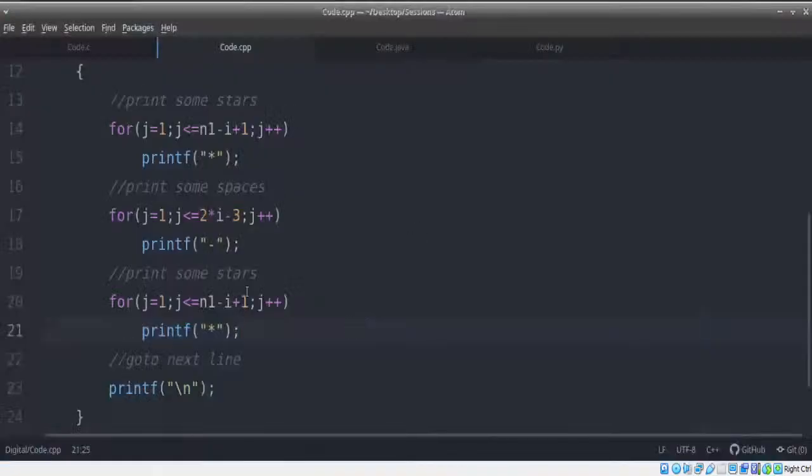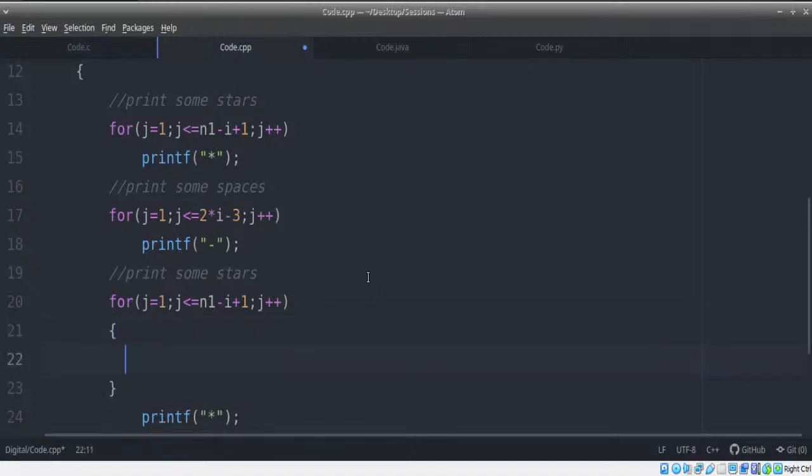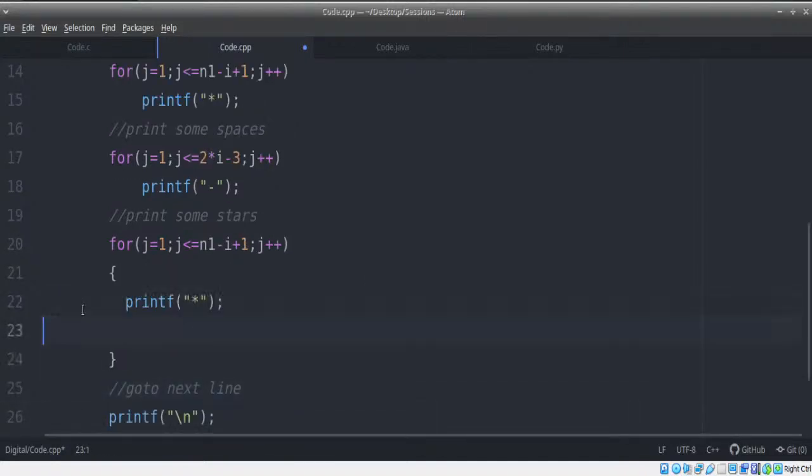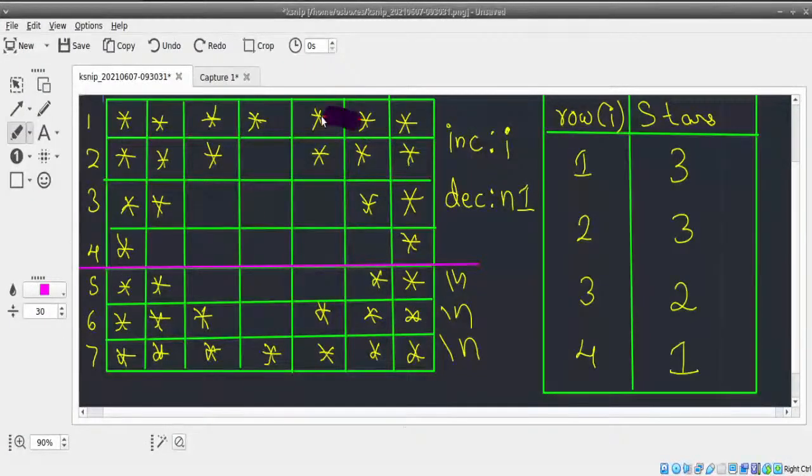So here I'll give a special condition in this for loop, only for line number 1. That is, if j is equal to 1, that means if we are in line number 1, then we need to print a separate number of stars. Please remember, we need to print a separate number of stars for the first line and for the other lines. So how many stars are we going to print for j equals 1? 3.